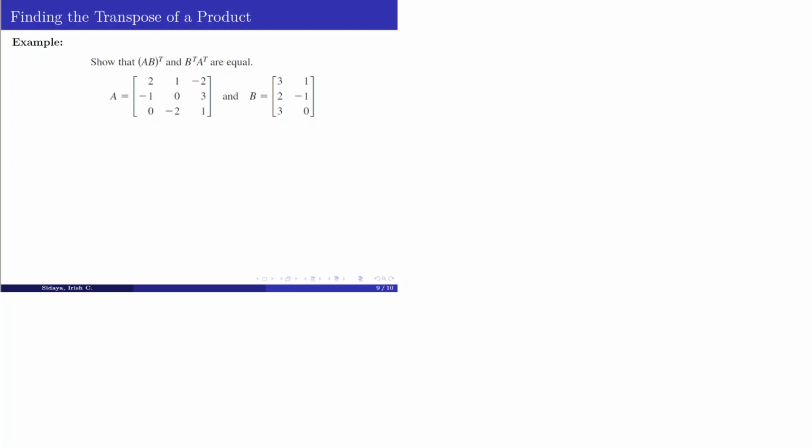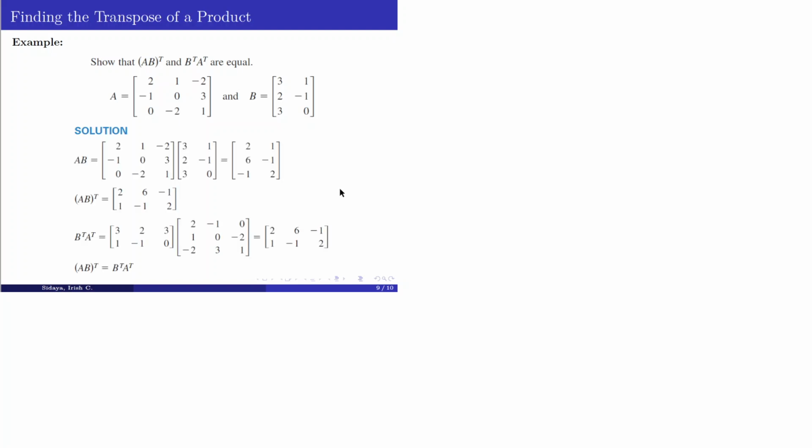Next, we have here an example. We will show that the transpose of the product AB and B transpose times A transpose are equal. So we have the given specific matrices A and B. Here is the solution.